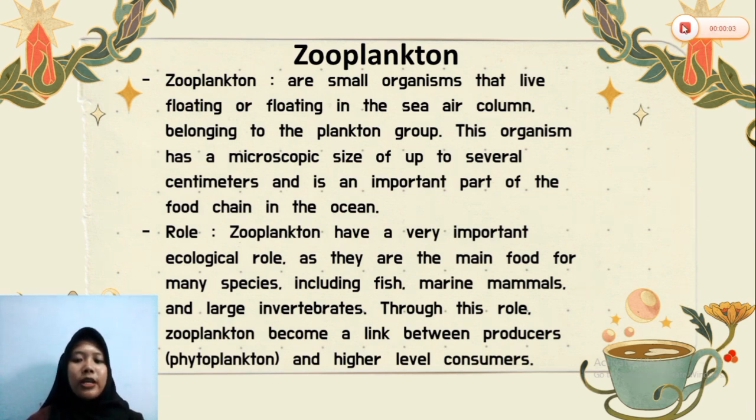Zooplankton have a very important ecological role, as they are the main food for many species, including fish, marine mammals, and large invertebrates. Through this role, zooplankton become a link between producer plankton and higher level consumers.